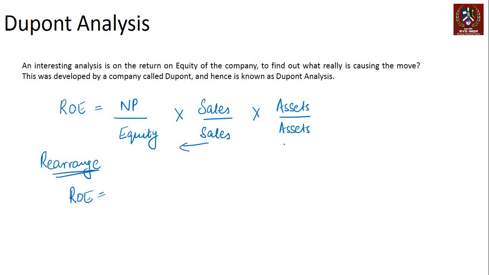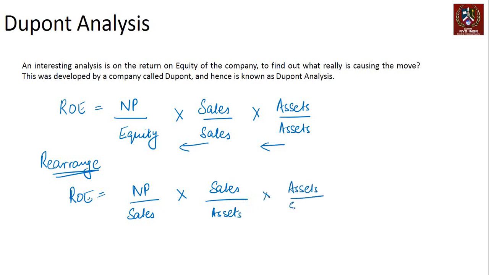So sales moves leftwards, assets move leftwards, and equity comes right at the end, right? So we write net profit by sales, we write sales by assets, and we write assets by equity, right? Now let's decode these three.